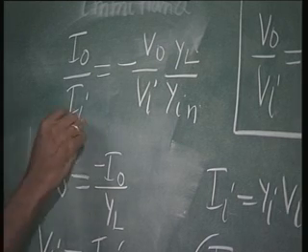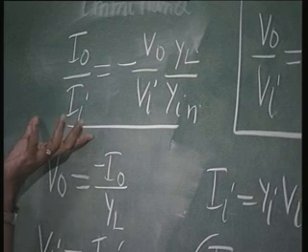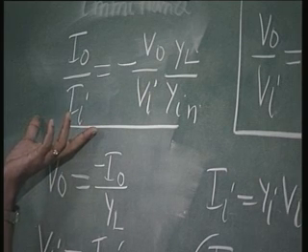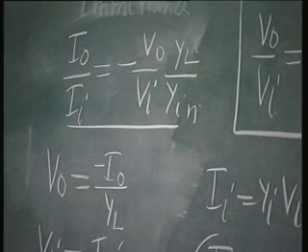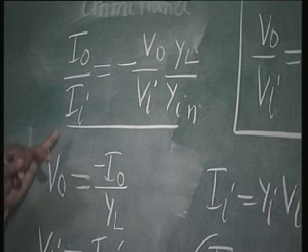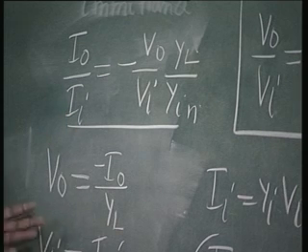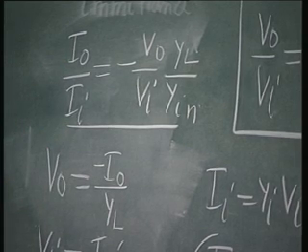So, this is a simple way of always remembering how to evaluate I naught over Ii given V naught over Vi. We do not have to start all over again solving the equation. That can be done independently by solving the equation, eliminating the other variables V naught and Vi from the two equations. So, knowing the relationship V naught over Vi, this is how to find out I naught over Ii. If you know this, then the power gain becomes a very simple factor.